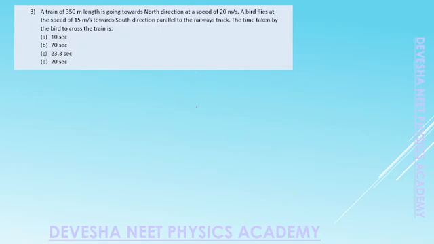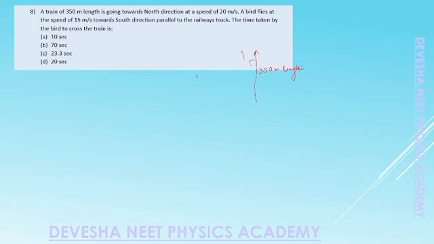So here it's given that a train of 350 meters length is going towards north. Imagine that the length of the train is 350 meters.